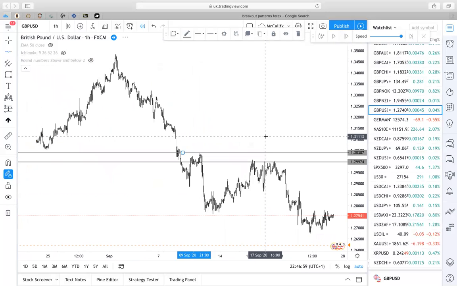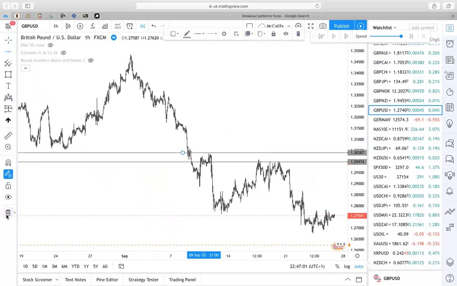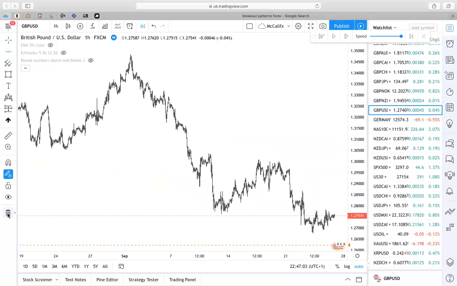Price went down off this level. So basically what I'm saying is that the market is being governed by demand and supply, buyers and sellers. If buyers are more than sellers, then obviously price is going to keep going up. If sellers are more than buyers, then price is going to keep going down. That's what I'm trying to tell you guys.